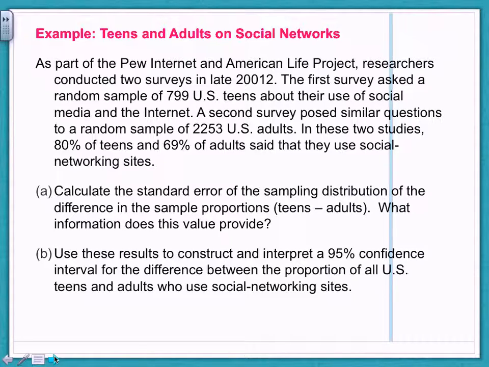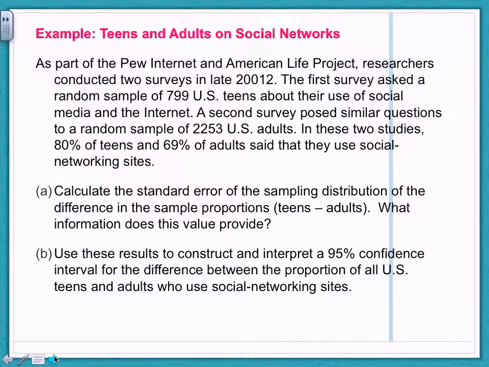As part of the Pew Internet and American Life Project, researchers conducted two surveys in late 2012. The first survey asked a random sample of 799 U.S. teens about their use of social media and the internet. A second survey posed similar questions to a random sample of 2,253 U.S. adults.